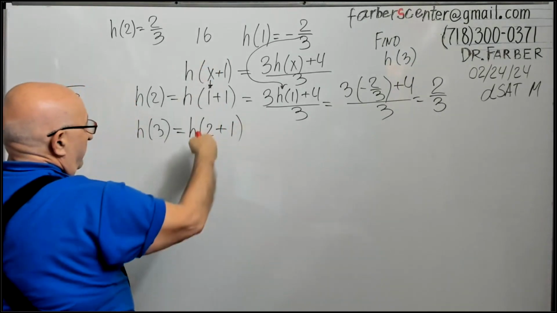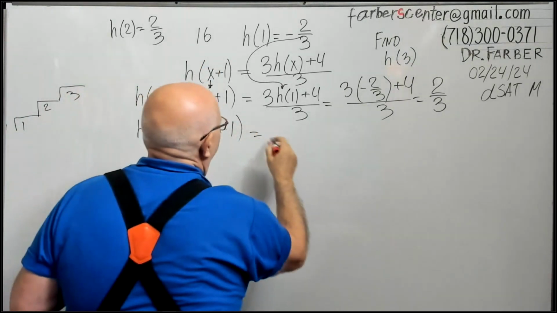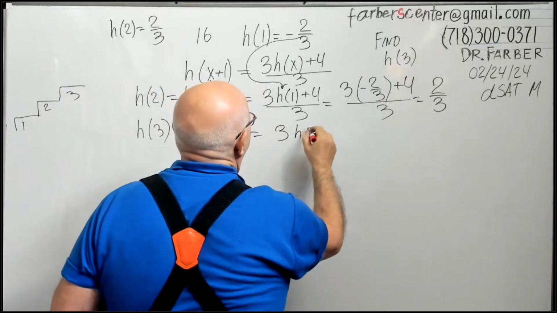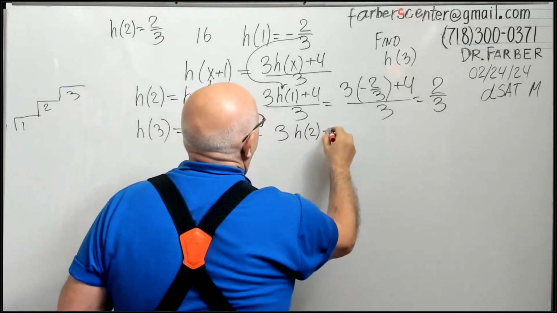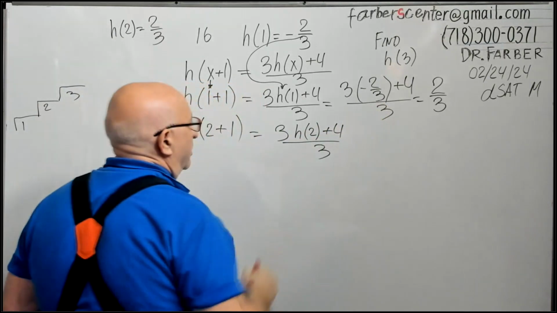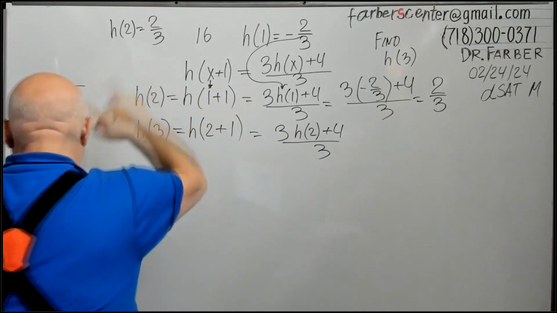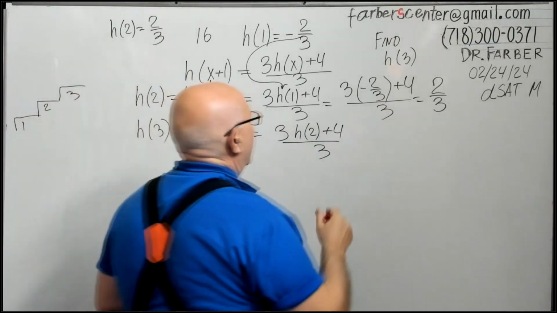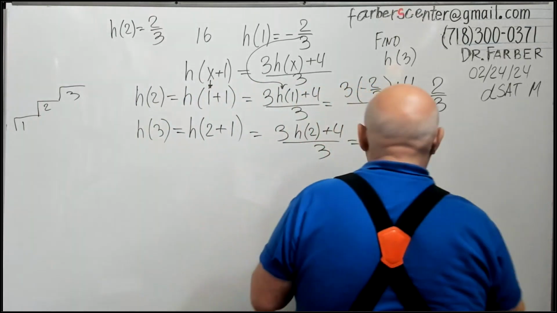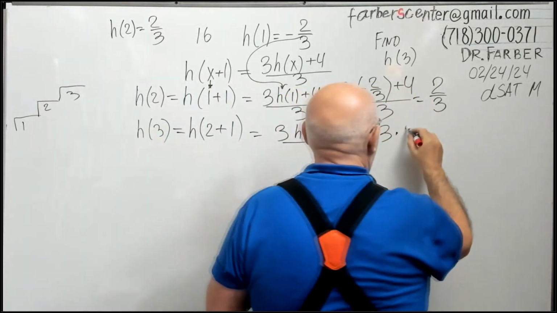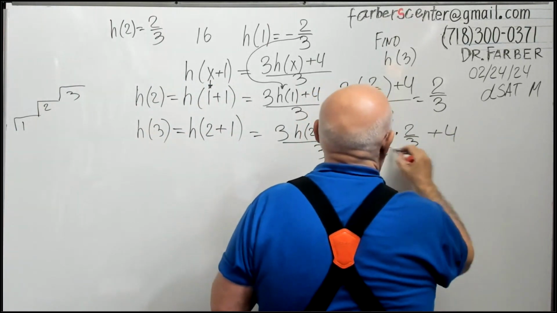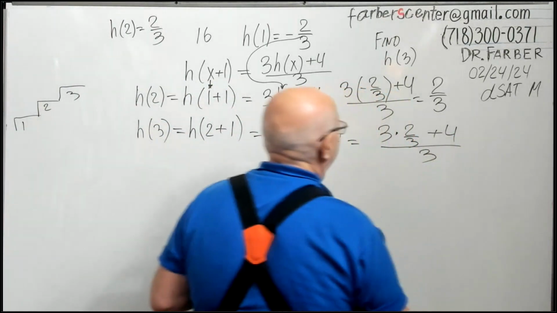I line up again: 3 times h of 2 plus 4 over 3. But h of 2 I already found. It's equal to 3 times 2 over 3 plus 4 over 3.